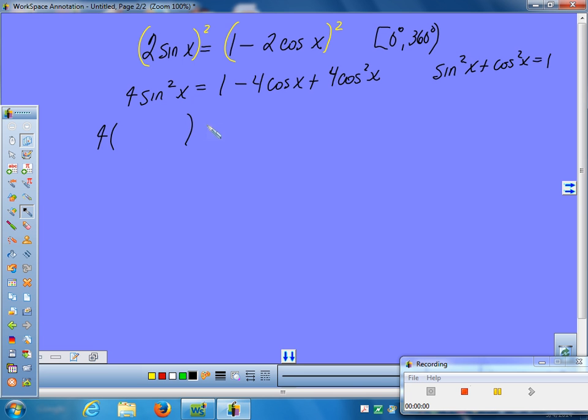According to identity number 6, sine squared equals 1 minus cosine squared. So that's what's going in this position. And we now have an entire problem all in cosine, so we can finally clean it up and do something with it.